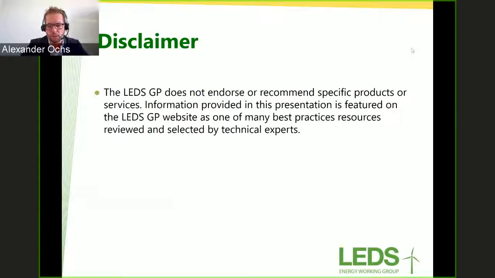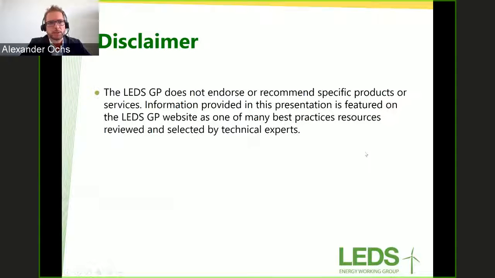So we're not recommending a specific tool or an organization over another. The tools that I'm presenting today are all very valid, and there are many others beyond them.